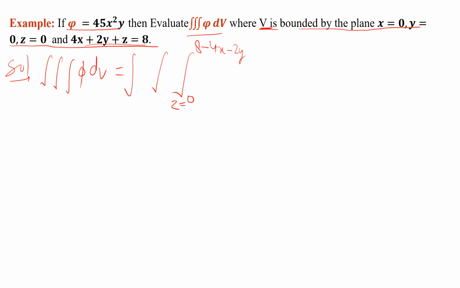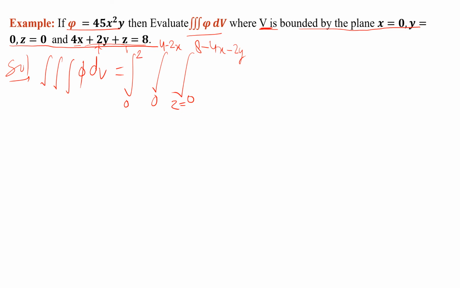And when we write the limit of y, we put z equal to 0. So we get y is equal to (8 minus 4x)/2, that is 4 minus 2x. And x varies, when we put y and z equal to 0, on the plane we can say 0 to 2.